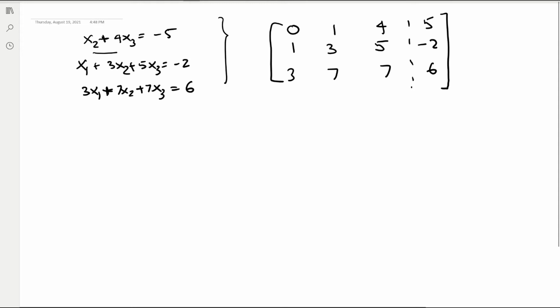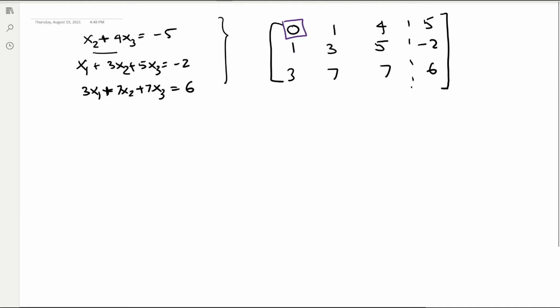Now we need to do row operations. The first thing you need to do is identify the leading entries. So here the first leading entry should be here. Now you can see the leading entry is 0. We want to make sure that the leading entry here is non-zero. If we can make that happen, we should absolutely do that.